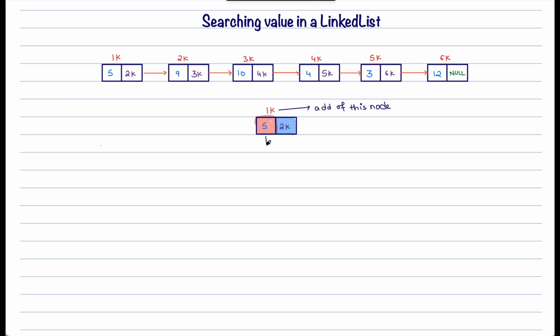This is the data, or you can say a value, it's up to you, and this is the address of the next node. If I'm pointing like this, it means that the address of the next node is this. I believe you got it, what a single linked list is and what a node is.